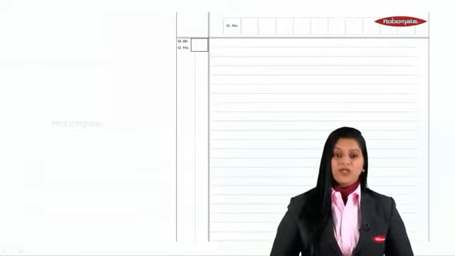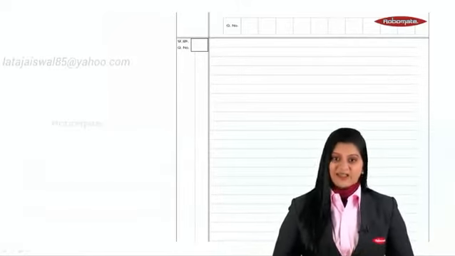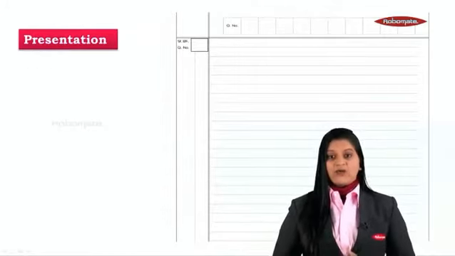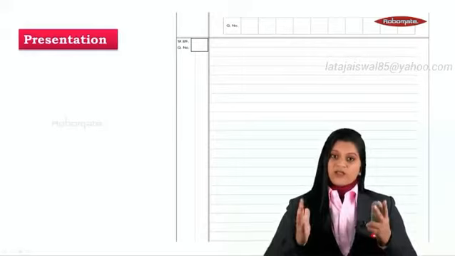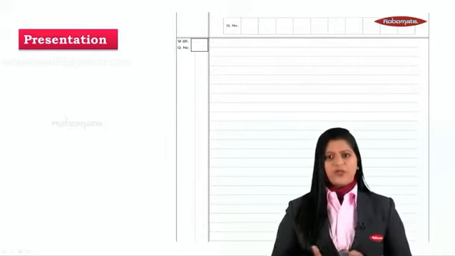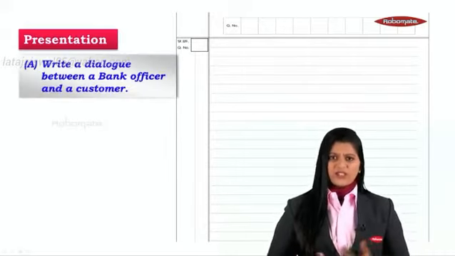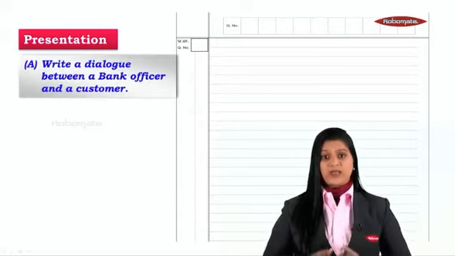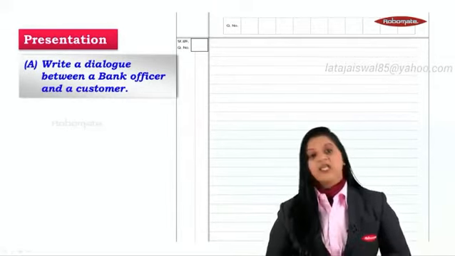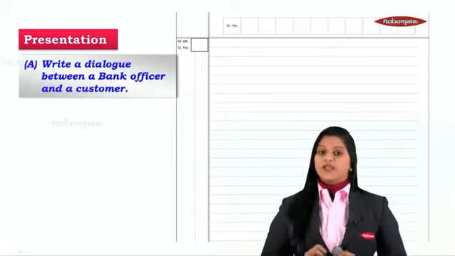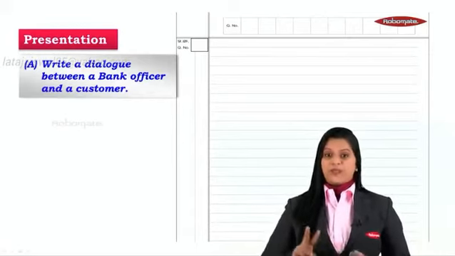Now let us come to practically writing a dialogue. First of all, we are going to focus on 2 things. To write a dialogue, I'm going to give you a question. The question is, write a dialogue between a bank officer and a customer. So now, we are going to write a dialogue between these 2 people.